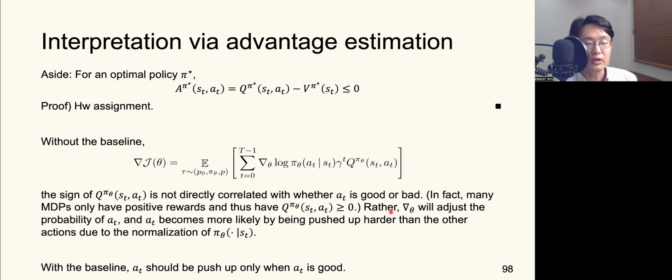So if you have a good action that is simply pushed up through the gradient updates more frequently than the other actions, then that action becomes more likely through the normalization. But that seems like a very indirect way to promote and demote certain actions. Rather, it would be more direct to push up good actions and push down bad actions. And that's what the baseline does. When you have a baseline, the action a_t is pushed up when it is good, and pushed down when it is bad.